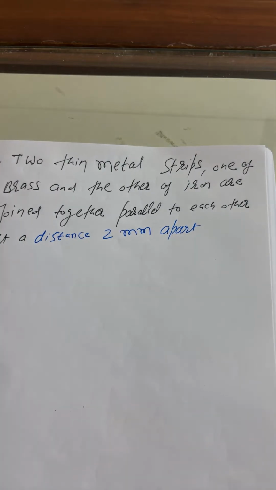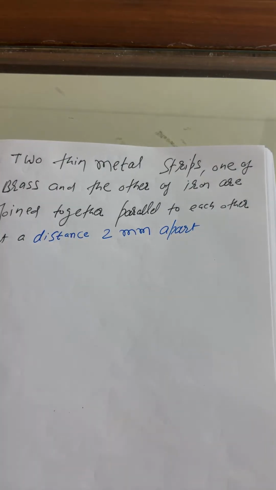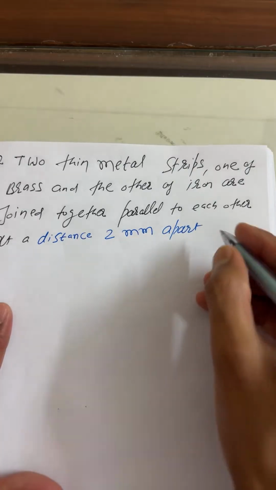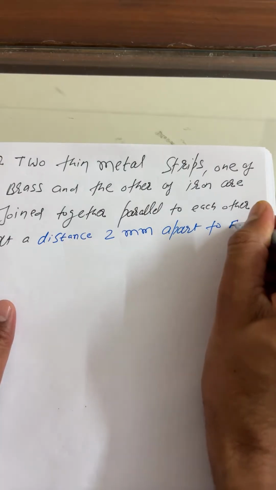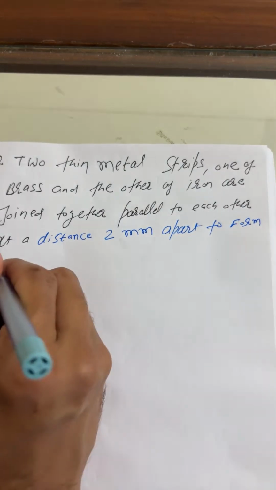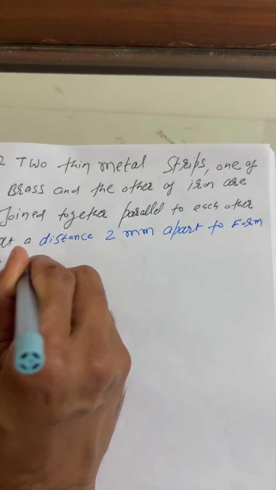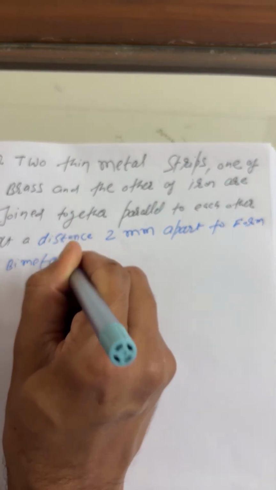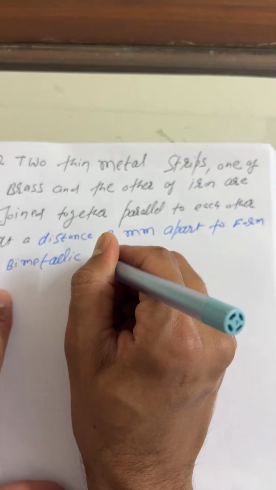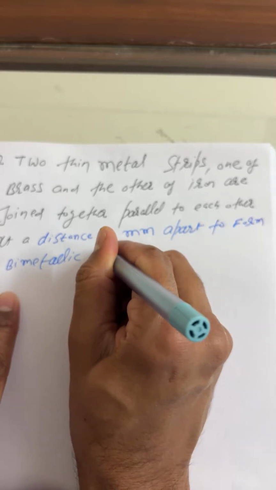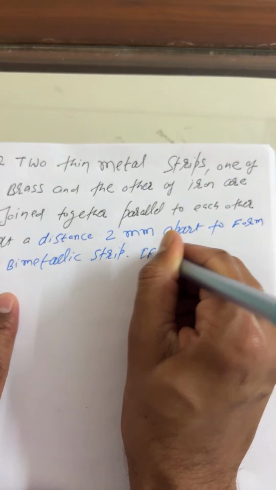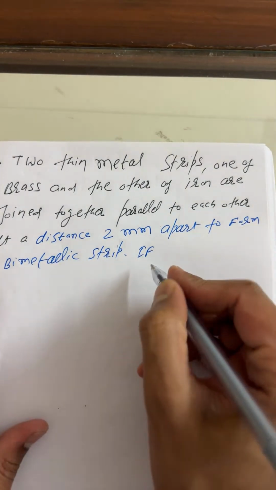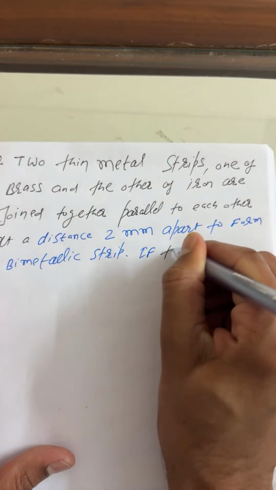Two thin metal strips, one of brass and the other of iron, are joined together parallel to each other at a distance 2 mm apart to form a bimetallic strip.